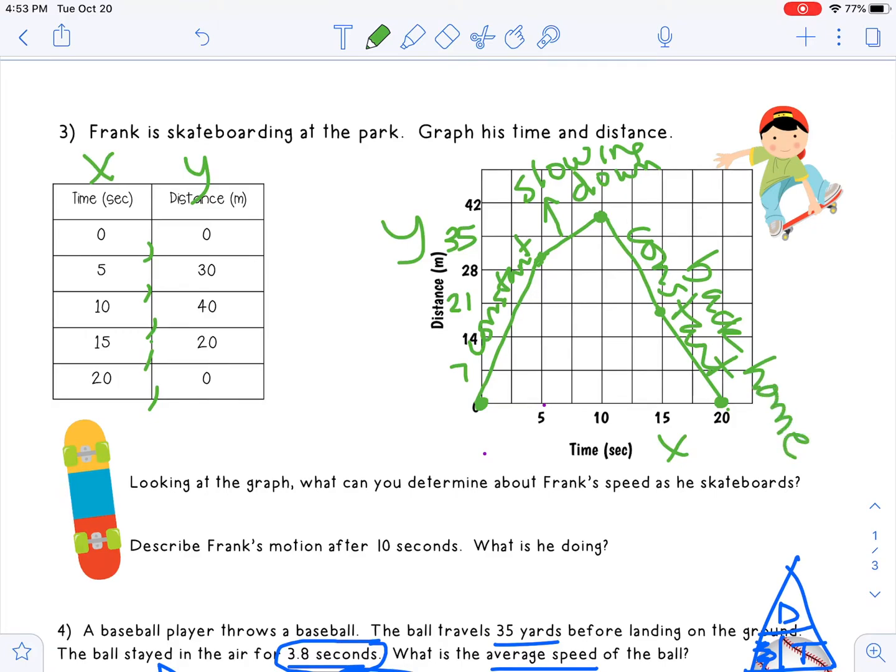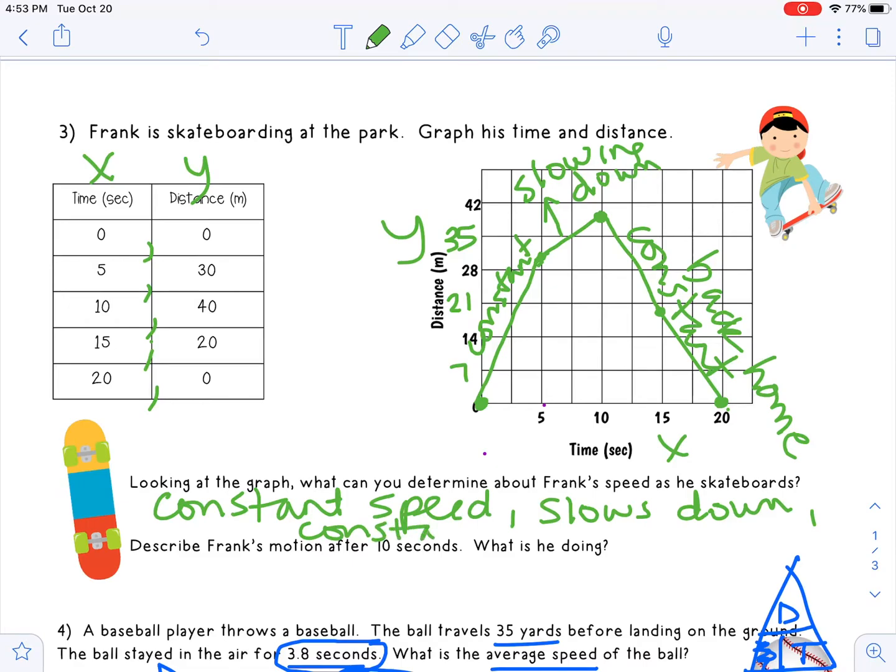So he moves at a constant speed, and he slows down. And then he goes at a constant speed again. Back home.